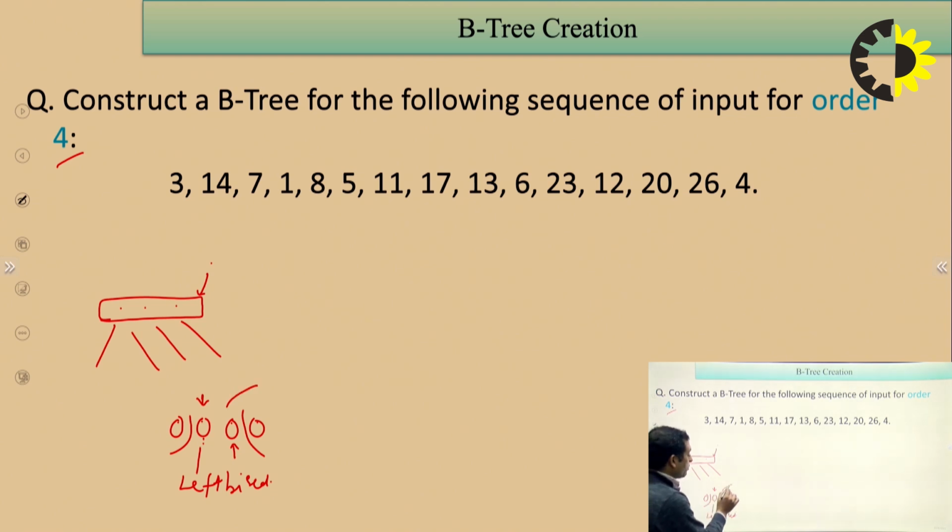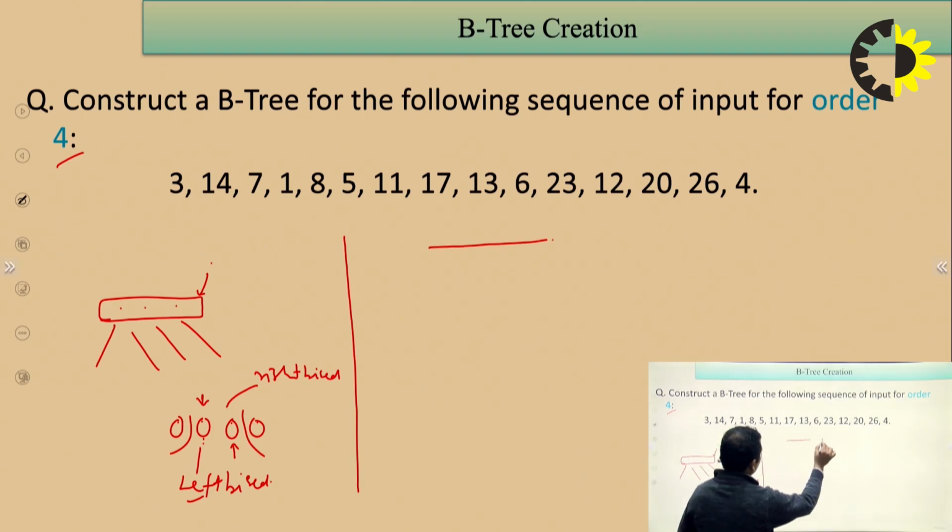If we choose this one, this is known as right biased splitting. We can choose either, but generally we prefer the left biased splitting.